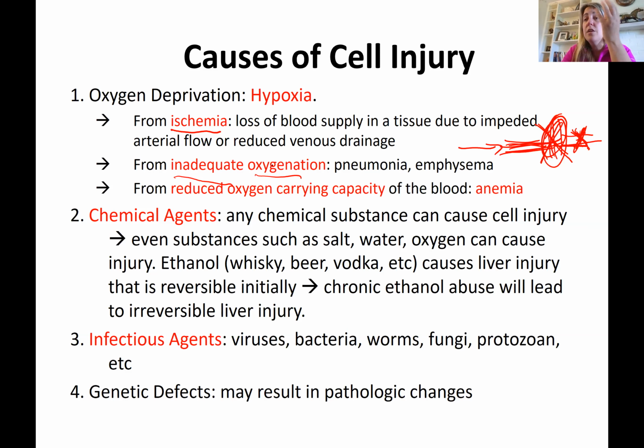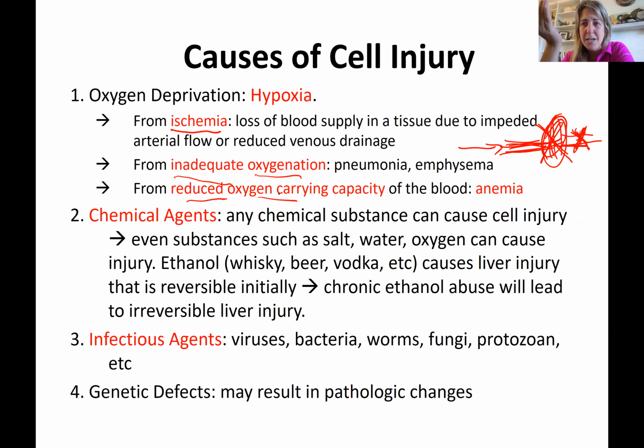So because the lungs are not able to receive enough oxygen to then do the gas exchange in the pulmonary tissue, then you're going to have inadequate oxygenation. And then the other way that we can have hypoxia is because of a reduced oxygen carrying capacity of the blood, which is called anemia. So your lungs are working well, receiving oxygen, but the gas exchange becomes a problem because you don't have enough red blood cells to be able to carry oxygen.